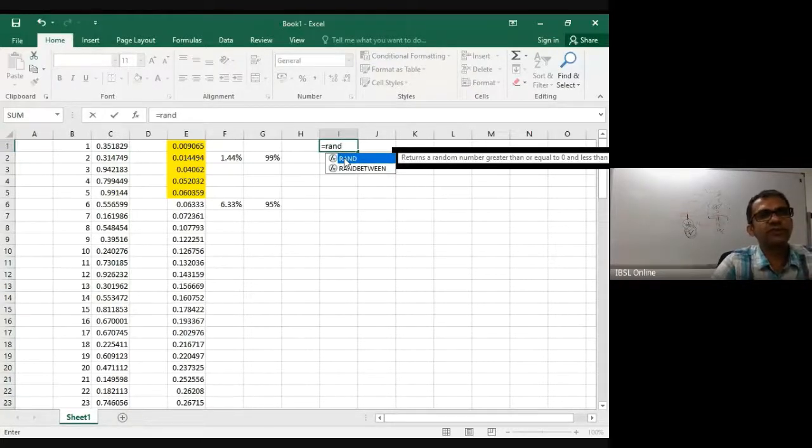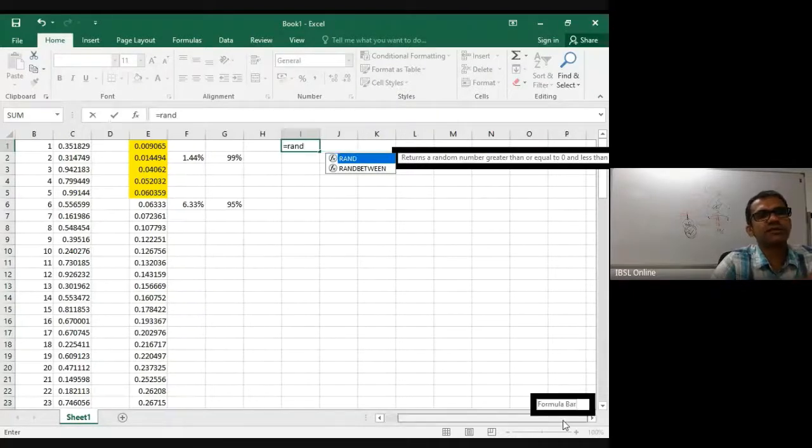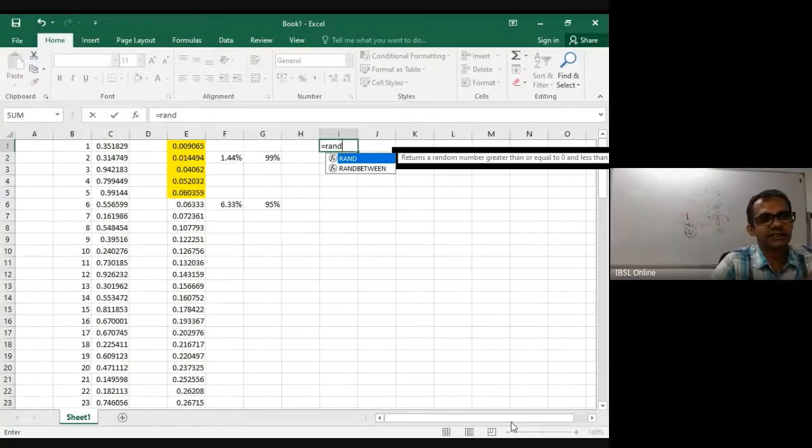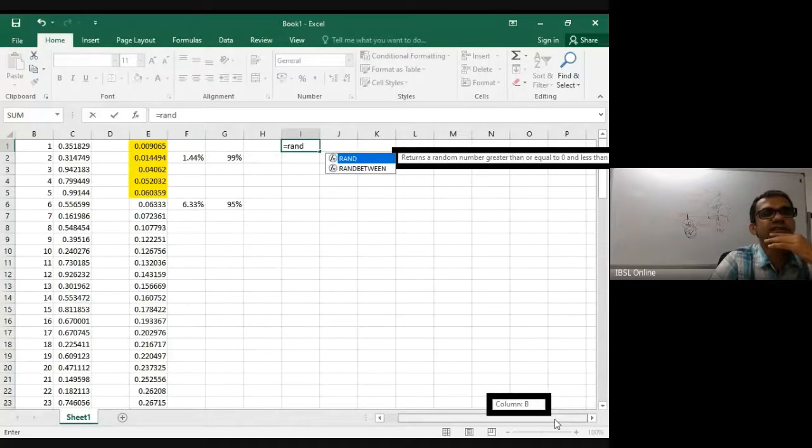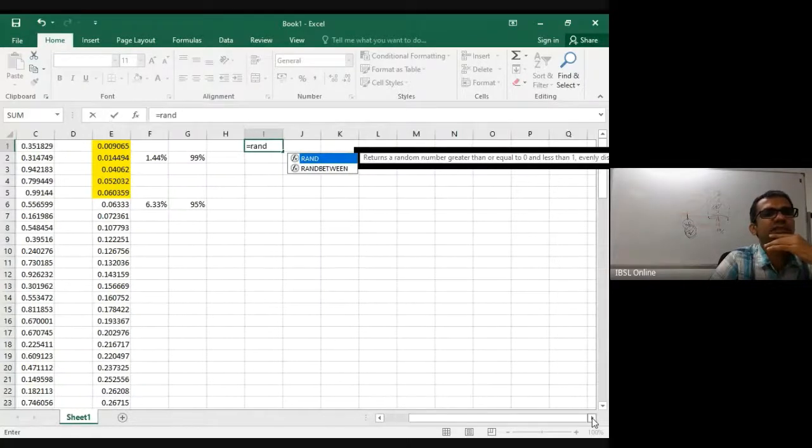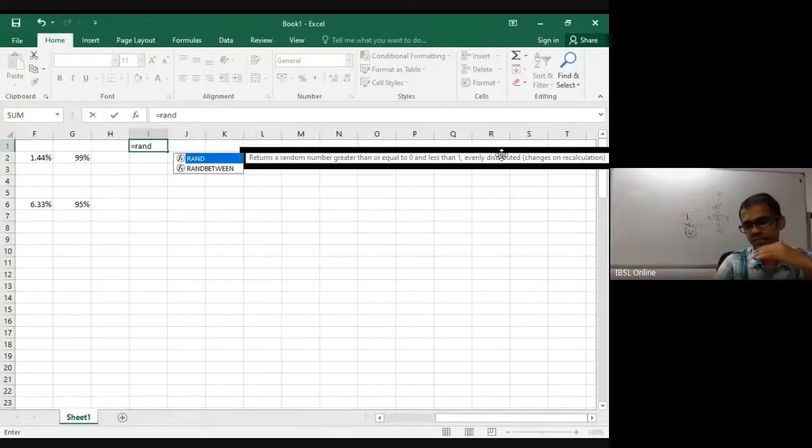By default this gives you random numbers between 0 and 1, and it assumes a distribution called uniform distribution, evenly distributed. That means the chance of occurring of each figure is the same, like 1 over n. With that expectation, this will generate these random numbers.